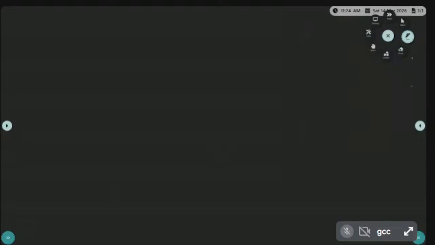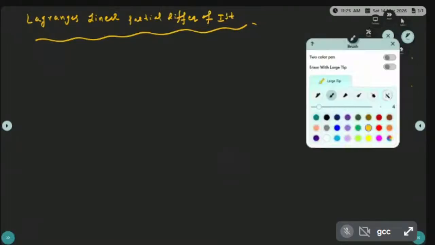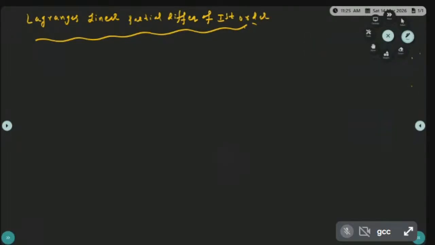Lagrange's linear partial differential equations of first order.